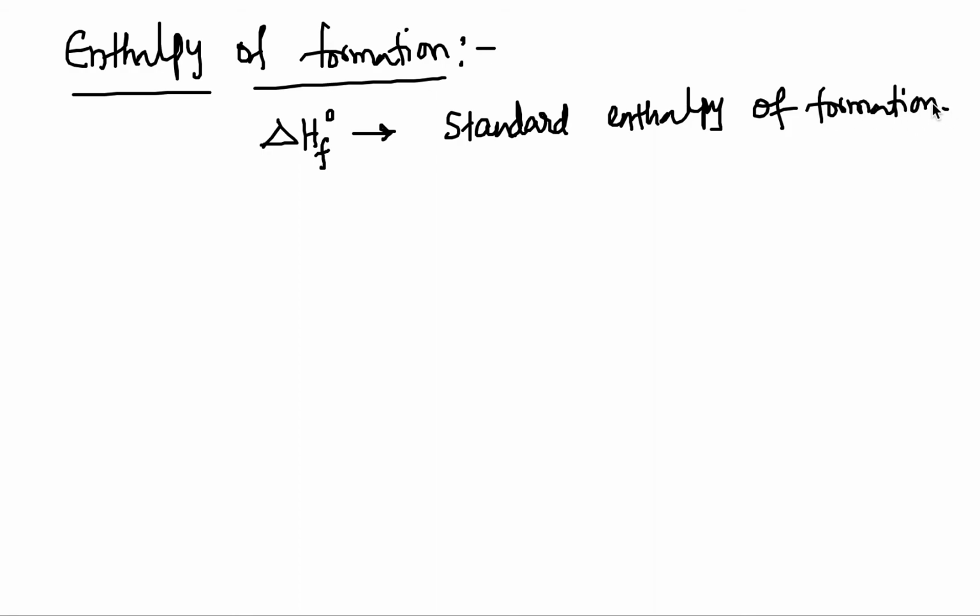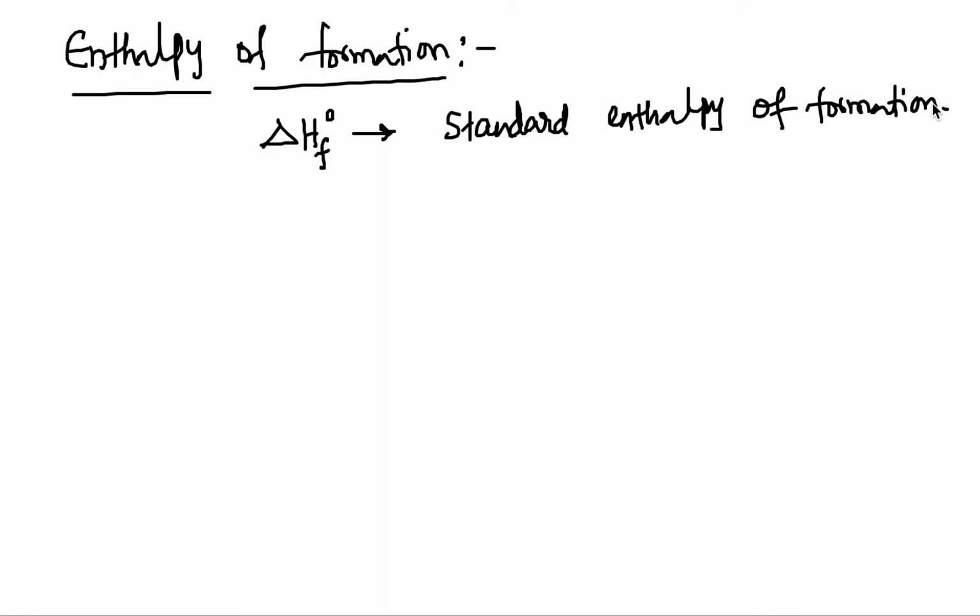And what is this? It is the enthalpy change associated with the formation of 1 mole of a substance from its constituent elements at standard state. All the reactants here are constituent elements.